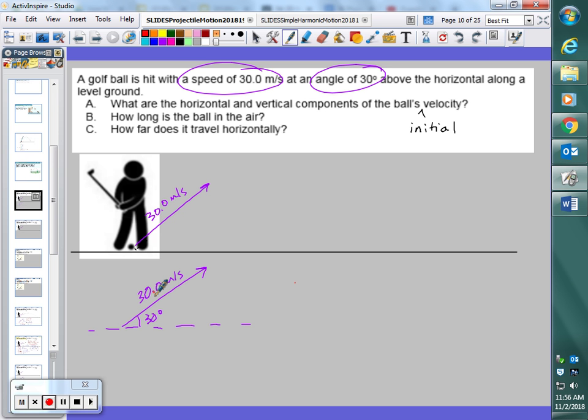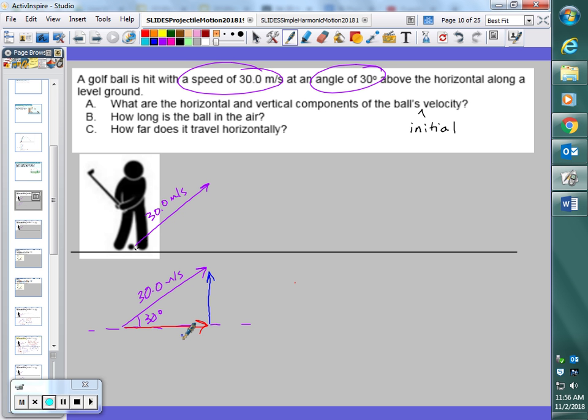Because if this is the speed that this object is going immediately after the golf club hits it, if we can figure out this side of the triangle, and this side of the triangle, that's how fast it will be going horizontally, which is the red arrow, and vertically. The combination of those 2 results in the purple arrow. Okay? Good with that? All right.